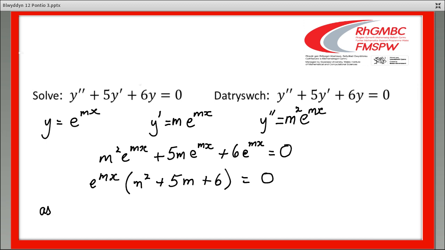So, as e to the mx does not equal 0, this implies that m squared plus 5m plus 6 equals 0.